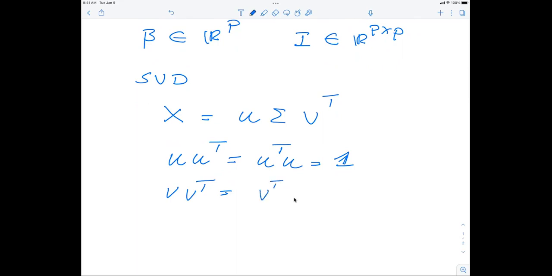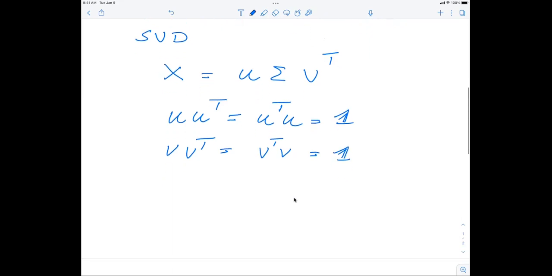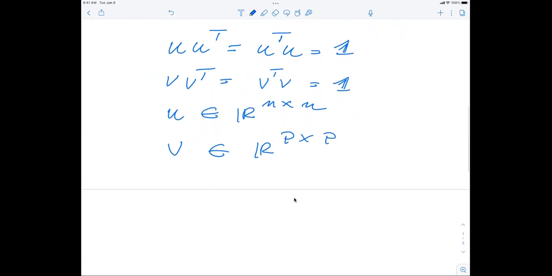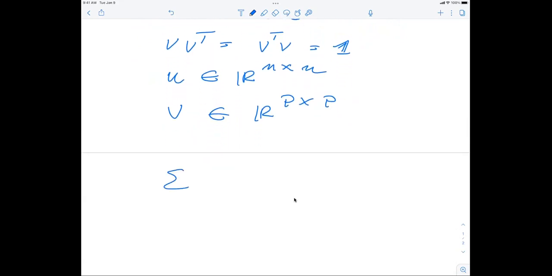I hope you can see the difference between my V's and U's here. So U has a dimensionality of n times n, and V has a dimensionality of p times p, and the singular value matrix is going to have values which go like sigma 0, we start with 0 here, up to sigma p minus 1, and then the rest are going to be zeros.